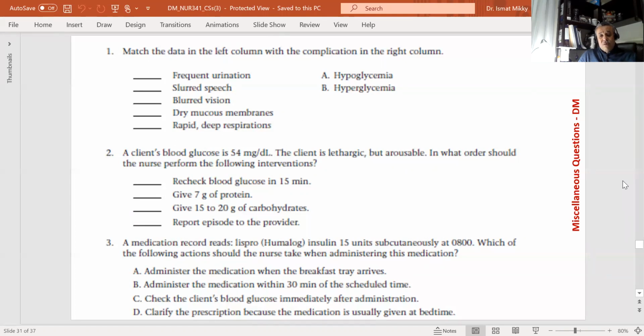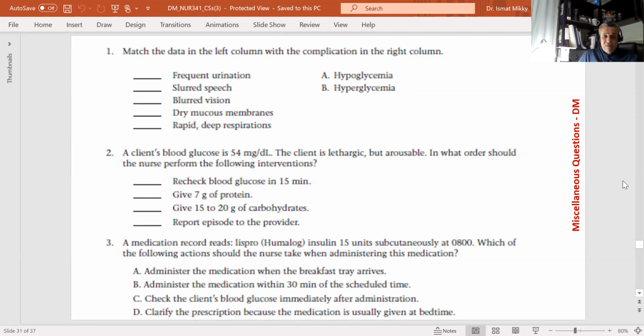It can be 4 ounces of orange juice, or 2 ounces of grape juice, or 8 ounces of milk. That's all equivalent to 15 to 20 grams of carbs to raise the patient's serum blood glucose level to normal levels.